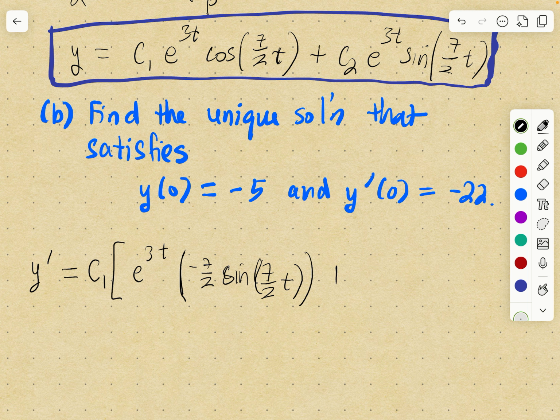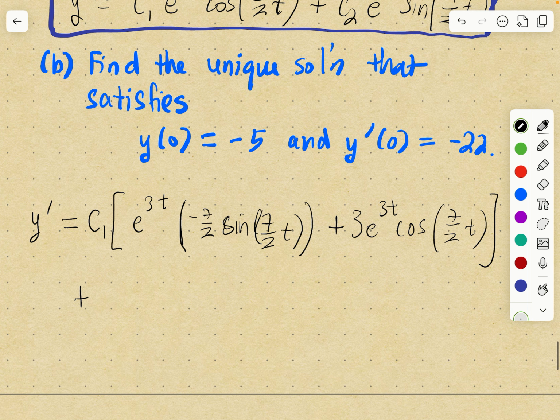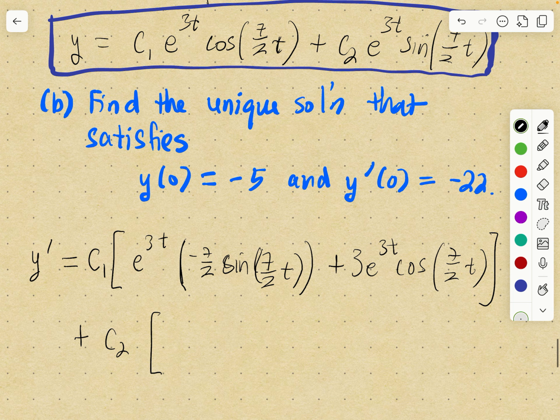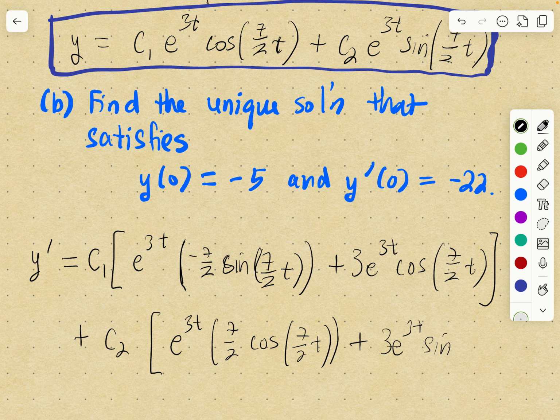Okay, so I have that plus cosine of 7 over 2t times the derivative of e to the 3t, which is 3 e to the 3t. So I have that, and then plus c2, and then the derivative is e to the 3t times 7 over 2 cosine 7 over 2t plus 3 e to the 3t sine 7 over 2t.